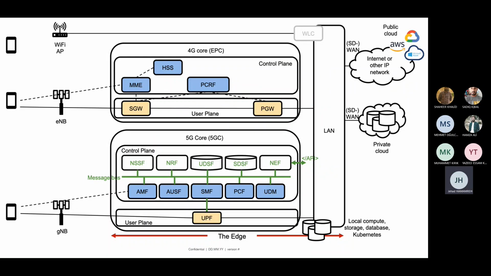But the user plane, this is one thing I want you to notice, the user plane goes through the user plane function, UPF. The other ones, which are AMF, AUSF, SMF, PCF, UDM, all of them are for management and control in the control plane, and they are not for the data, but rather for the signaling and control messages.